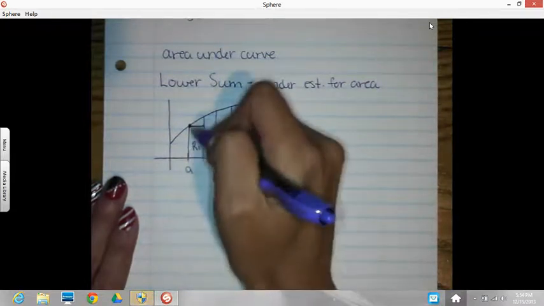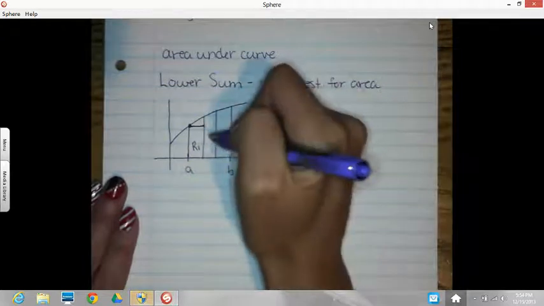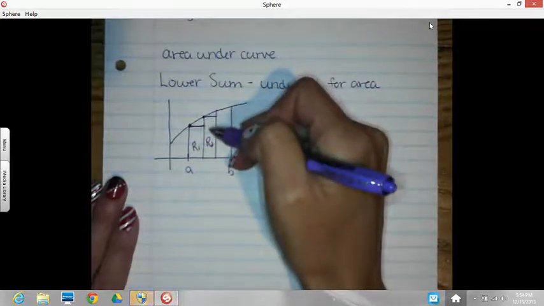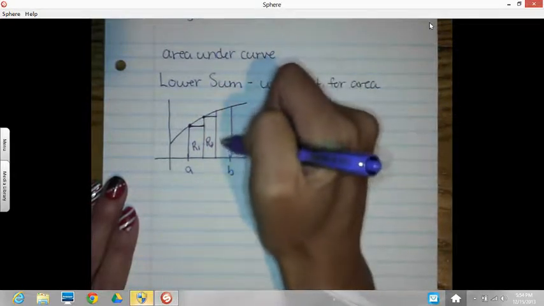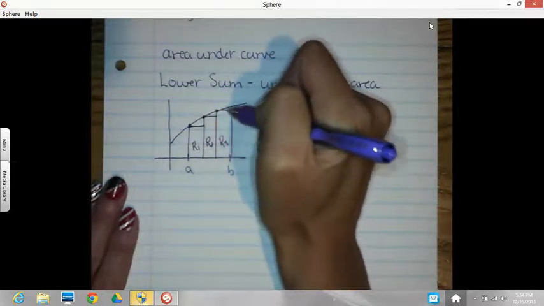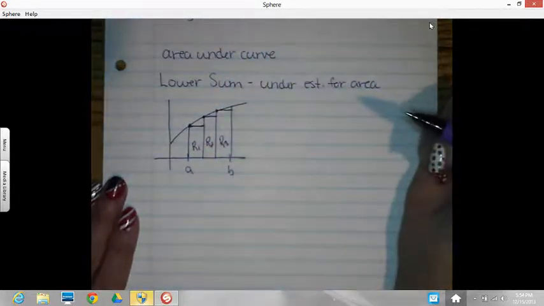So I'll go height times width, and that'll give me the area. For rectangle 2, I want to use this left edge again, because that's what's going to keep my rectangle under the curve. And for rectangle 3, I'll use the left edge. And so it's an underestimate because there's space above the rectangles that we did not include in our area.